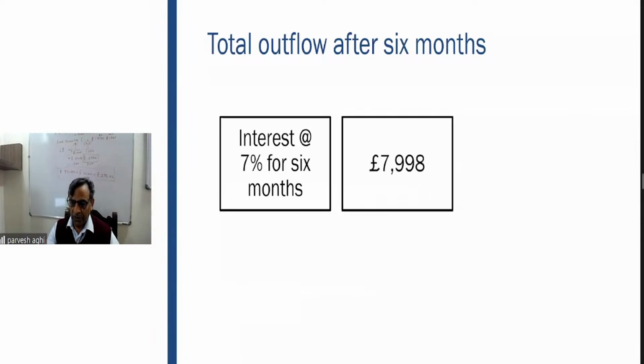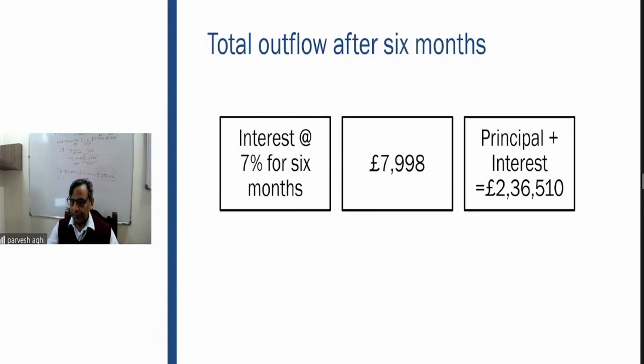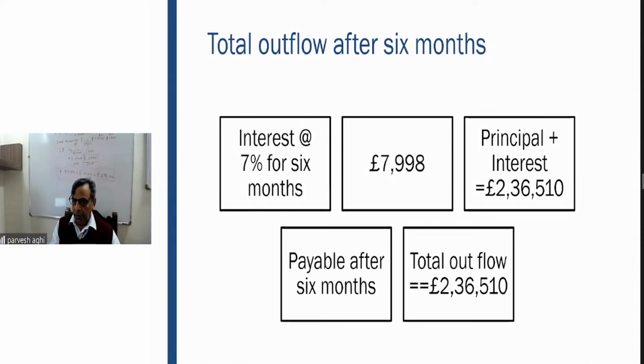Now we know the interest for 6 months is pound 7,998. So principal plus interest will be 2,36,000. Let me just complete and then I'll summarize.